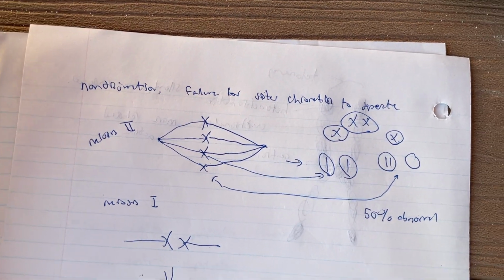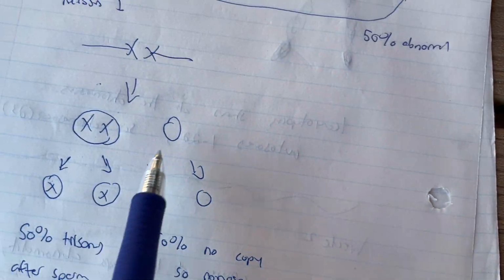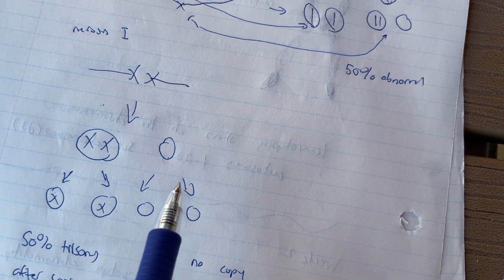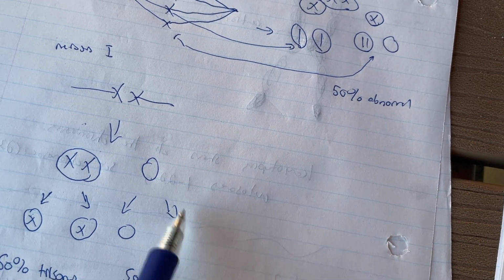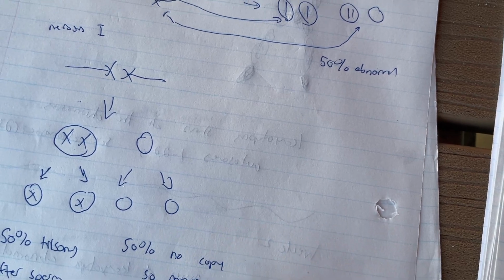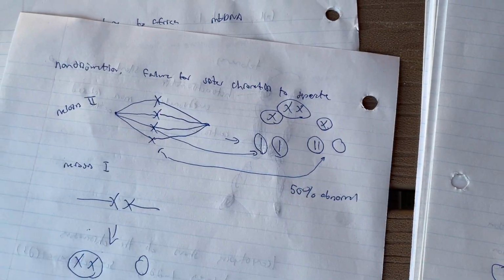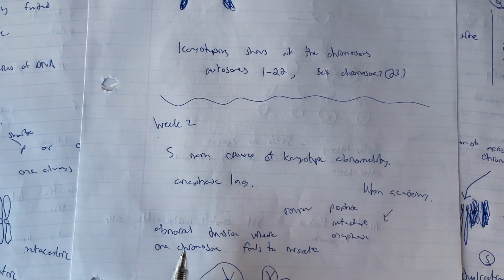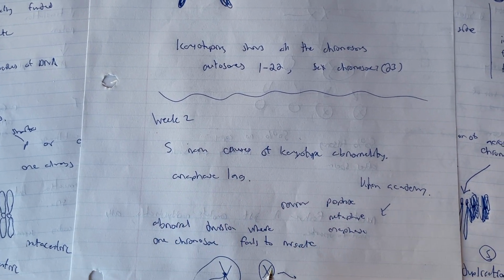Because what ends up happening is you get a blank like this, and so the sperm comes along, for example, and only it is providing the chromosomes. In that example of abnormal cell division.